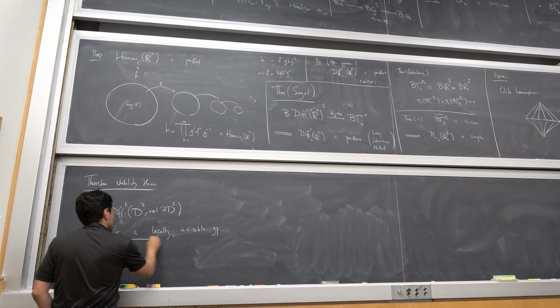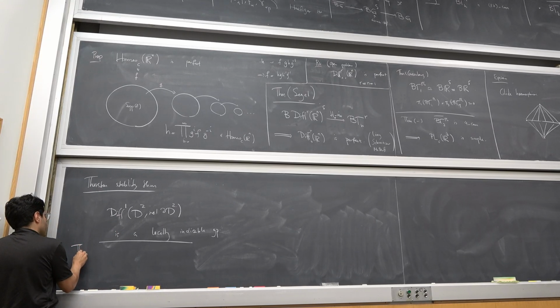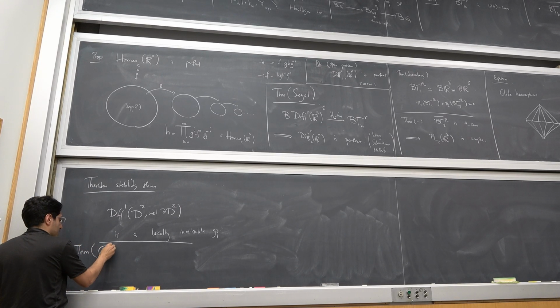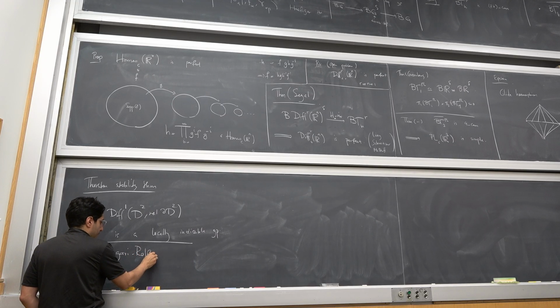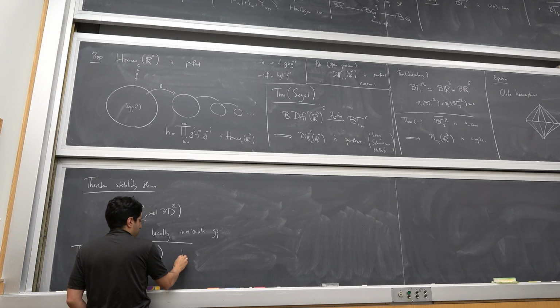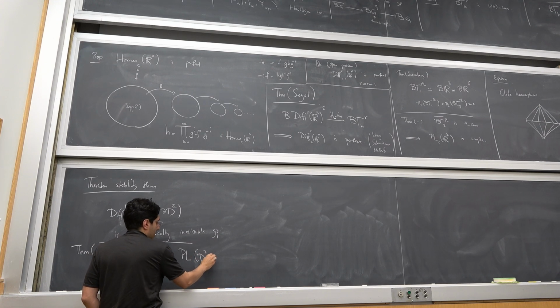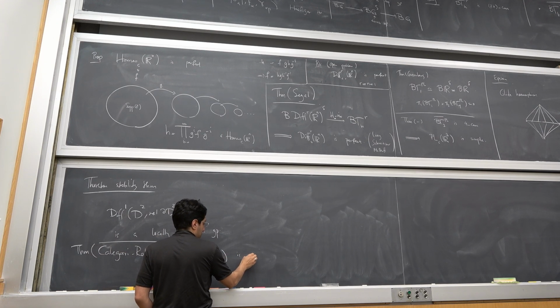So this is a theorem of Calegari and Rolfsen that says that PL of D2 rel boundary is locally indicable.